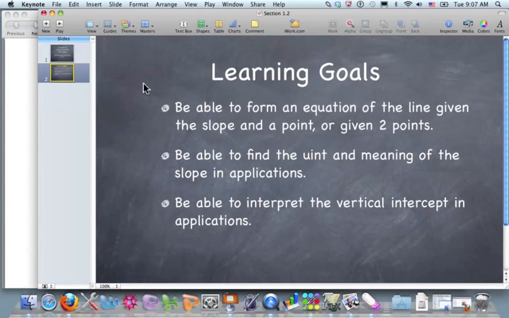Be able to find the unit and the meaning of the slope in applications. We'll go through examples to show how to find the unit and how to explain what the value of the slope means. And 3. Be able to interpret the vertical intercept in applications.